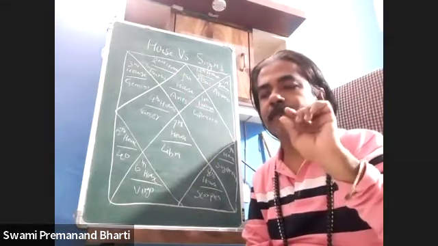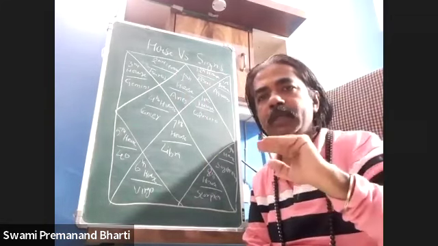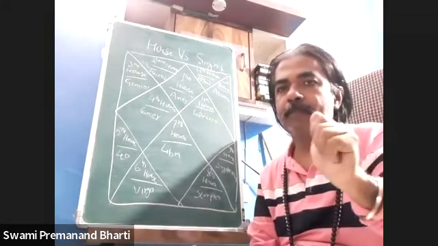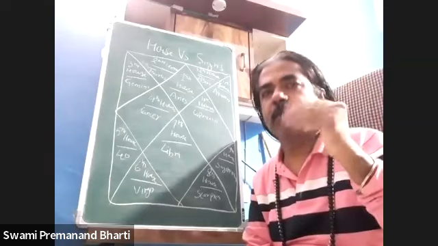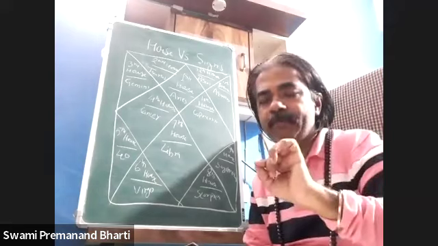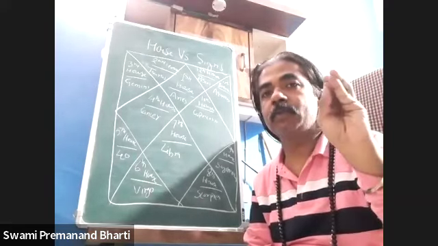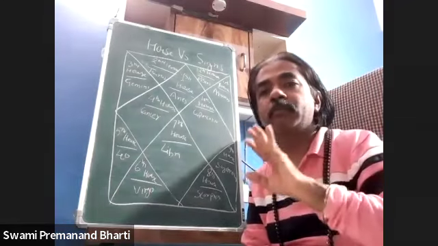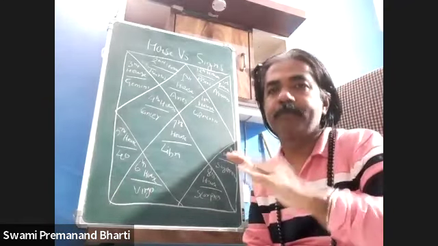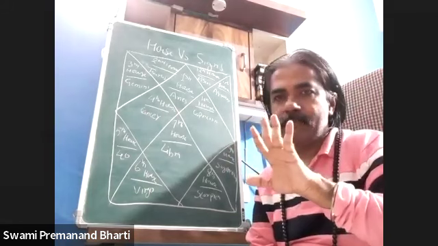Understand this, that houses represent the quality and people both. Okay, it represents something living, something non-living. Some people, houses represent people also. Houses represent some qualities and things also. Signs only represent the quality.